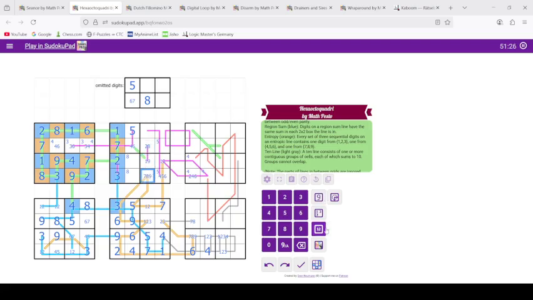So this is not a 9. Seven can appear on this line.